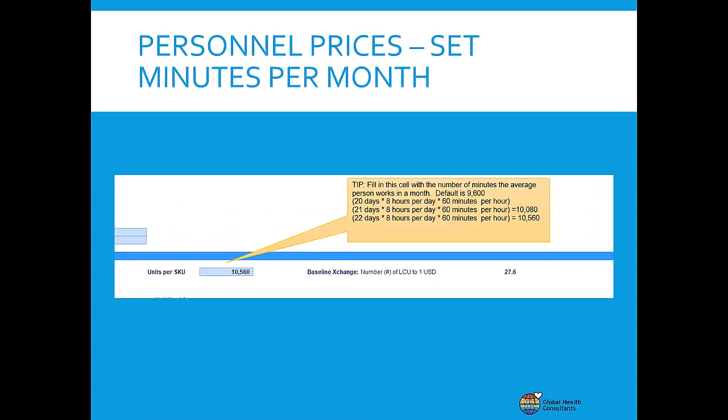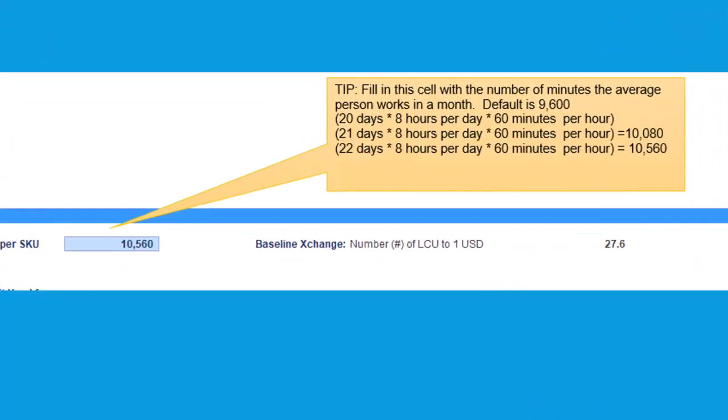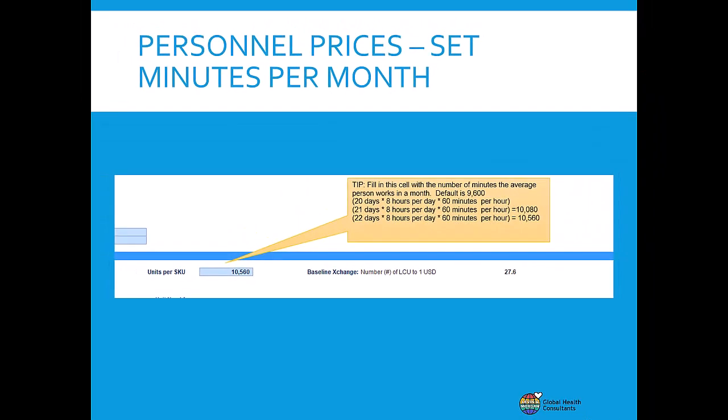That part is very important because it's helping the tool to calculate properly the number of minutes that are spent in the average person's working month. So depending upon what your standard working month is, where you're working, you'll need to put this in according to what's standard in your place.